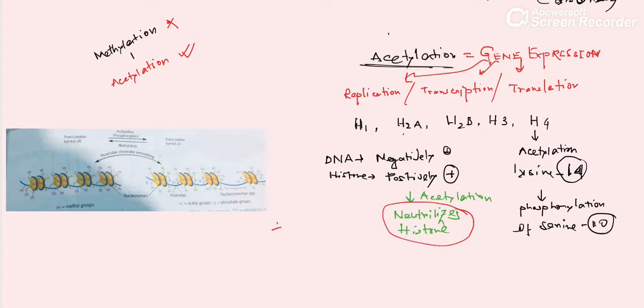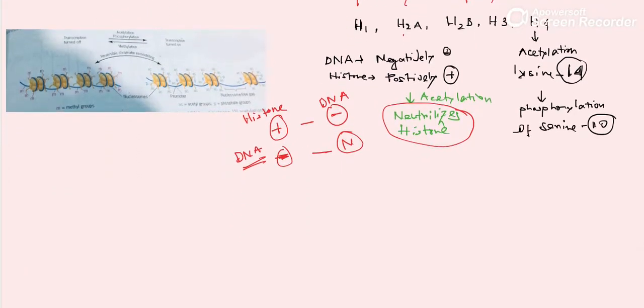If neutralization occurs, there is no connection between plus and minus, as one is minus, that is DNA, and histone is positive. The DNA stays negatively charged, but the histone is neutralized, so there is no interaction between them. That's why the DNA remains open and is not closed. So there is a chance of expression of this site.